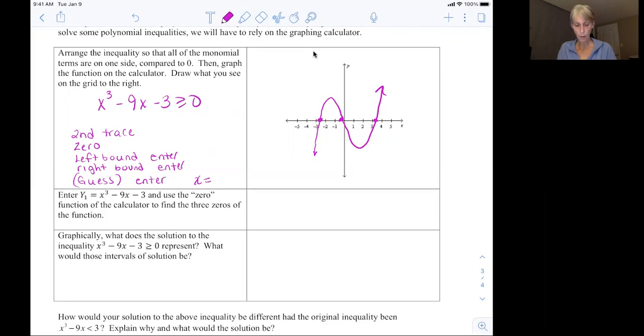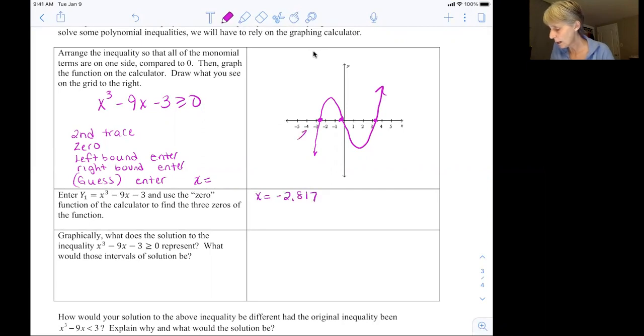I'm going to get my old one back from the calculator for a second. I've noticed some discrepancies on the iPad calculator, so enter. X equals negative 2.817.